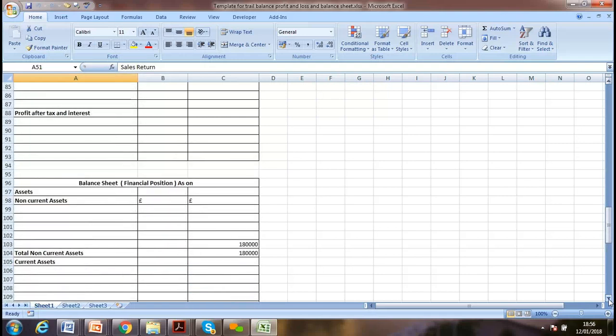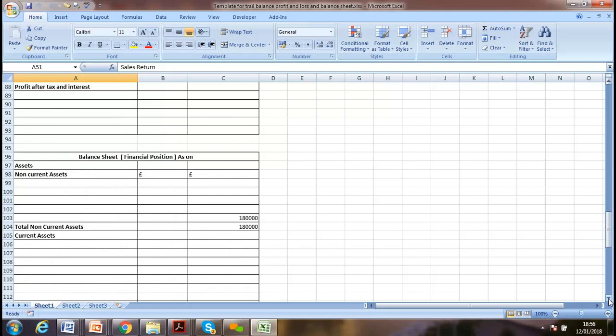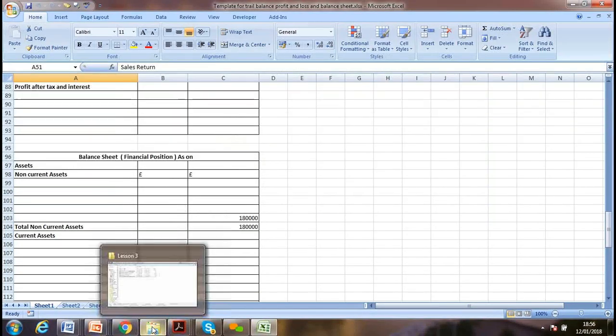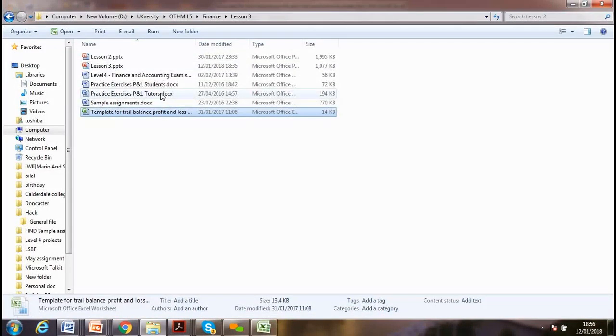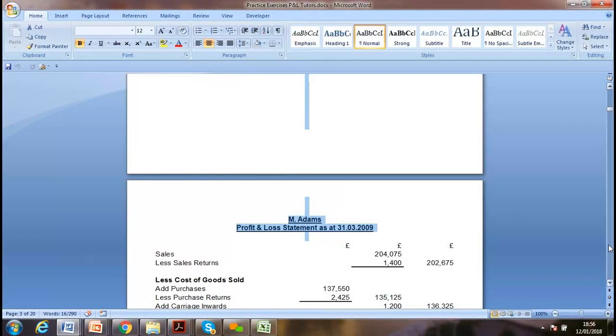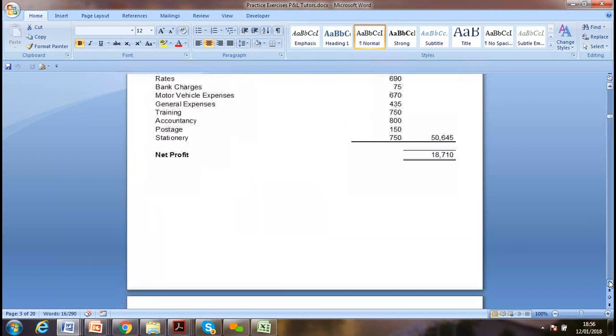So please, if you don't get me, ask me. Then we are looking at the balance sheet, where we show our assets, liabilities and capital. So now within the question which I showed you, we did the profit and loss account for this. Now we can do the balance sheet as well.